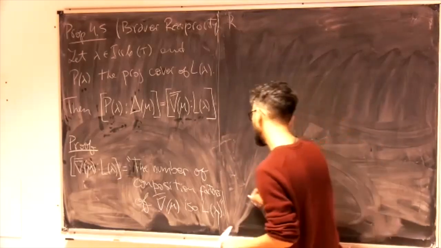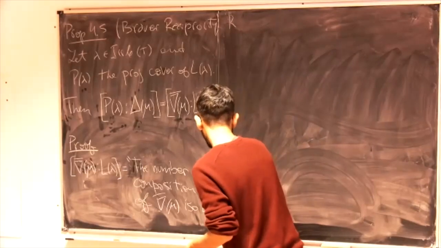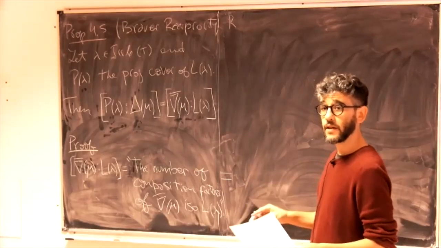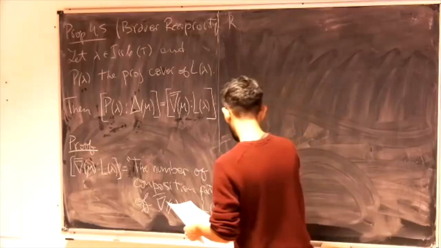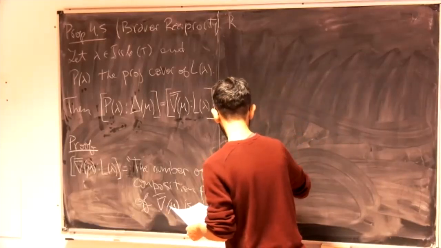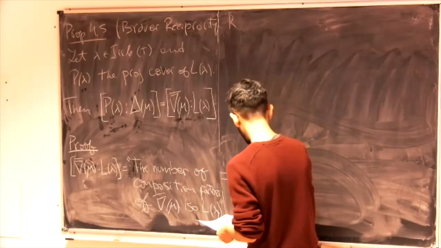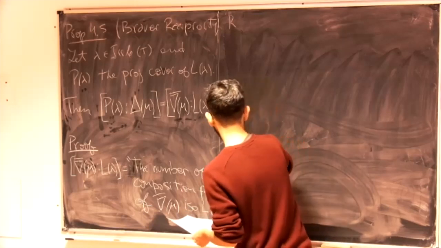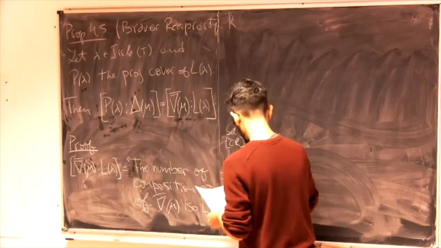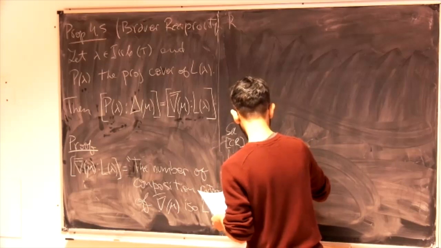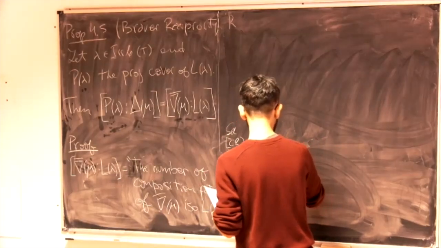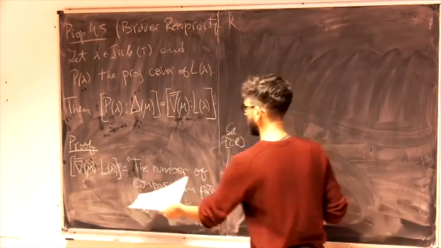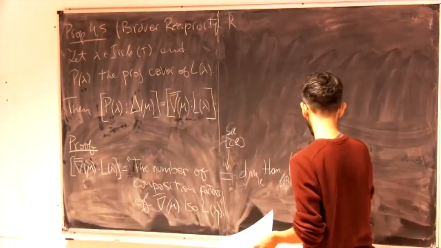Now, it is known, and you can see from the book of Curtis and Reiner, that a way to compute this number is to compute the dimension of the space of morphisms from the projective cover of L lambda to the module that you put there.